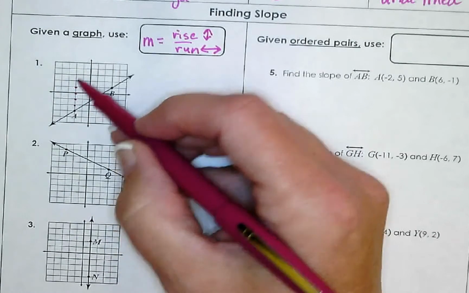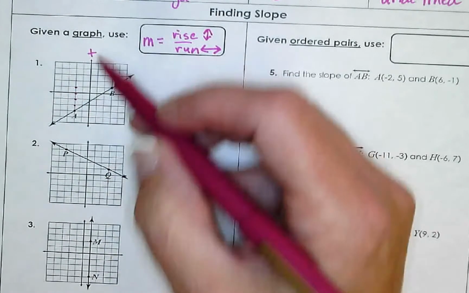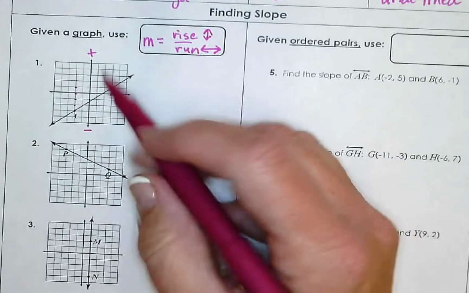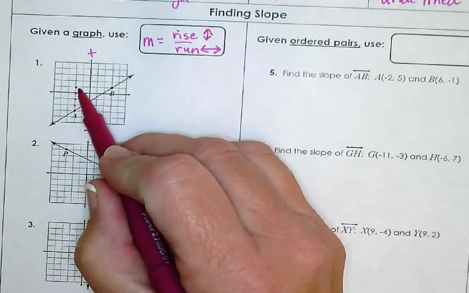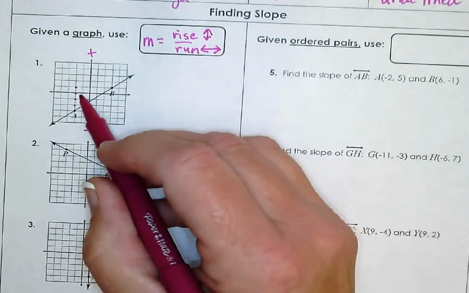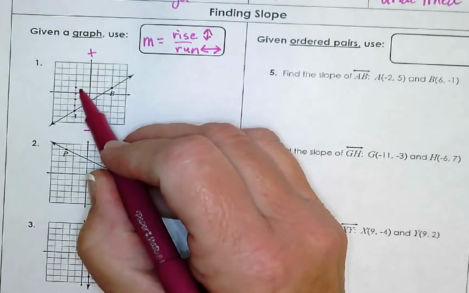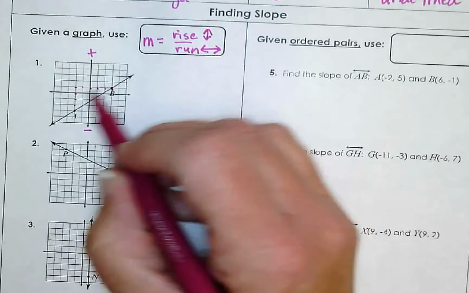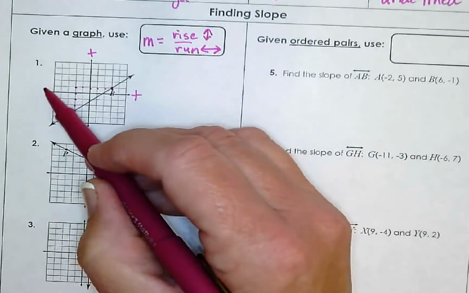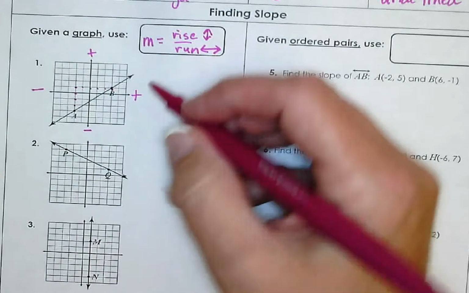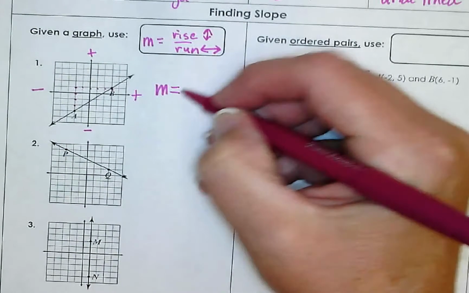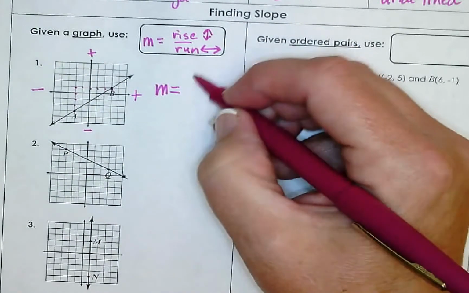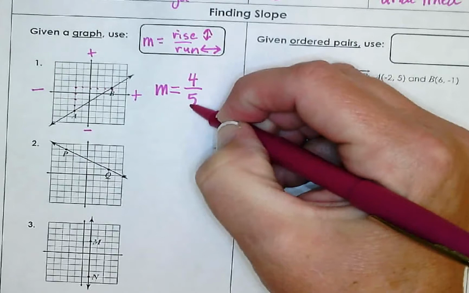Up is positive, going down is negative. That's my rise, and then I'm going to the right. 1, 2, 3, 4, 5. To the right is positive. If I had to count this way, it'd be negative. The slope of this line would be positive 4 over positive 5.